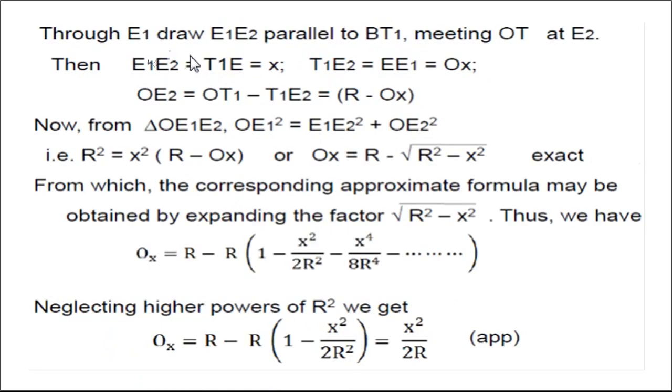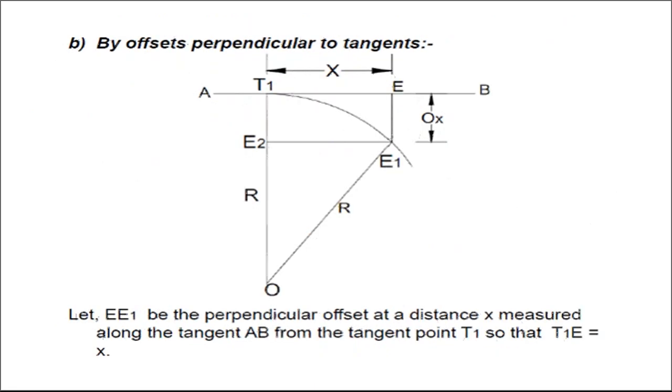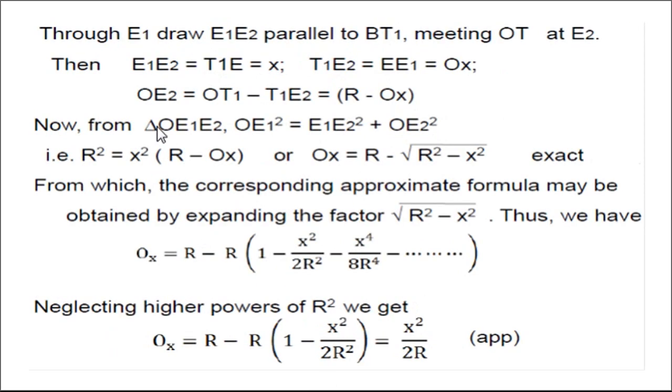Through E1, draw E1E2 parallel to BT1, meeting OT at E2. So see the figure: draw E1E2 parallel to BT1, to this tangent.